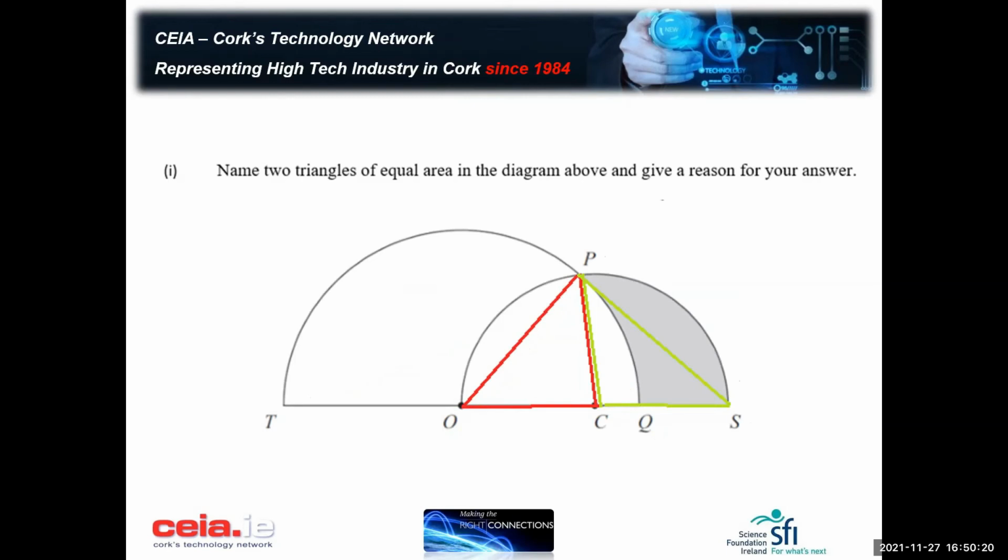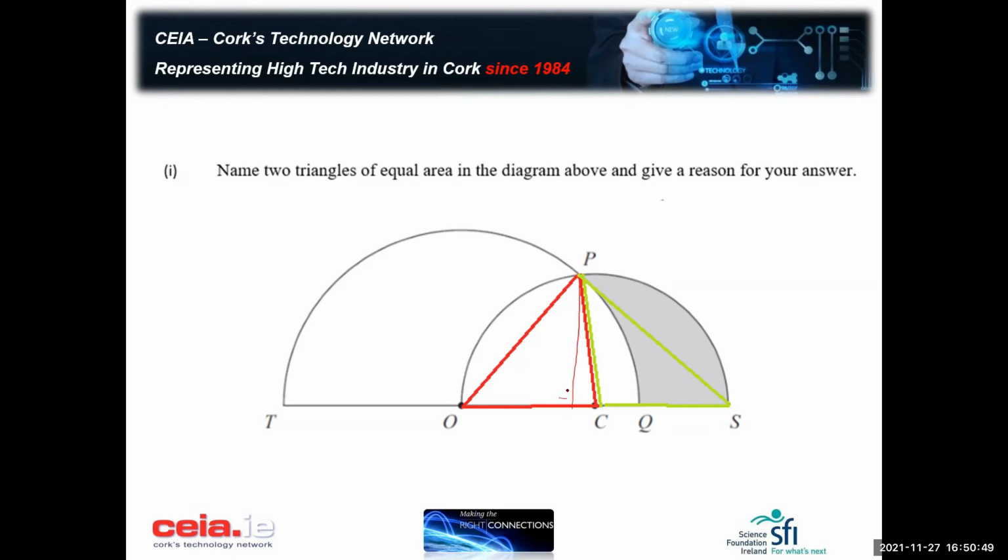So the base of the red triangle is OC, and the base of the green triangle is CS, and both OC and CS are the radii of this smaller semicircle. Okay, OC is equal to CS, and the perpendicular height of each of the triangles is the same.